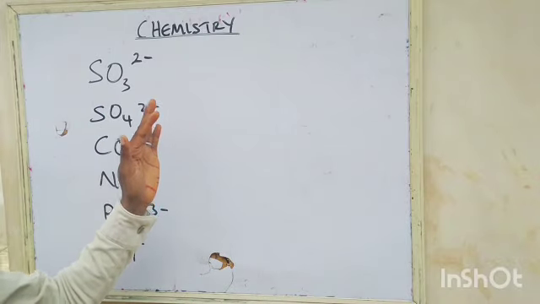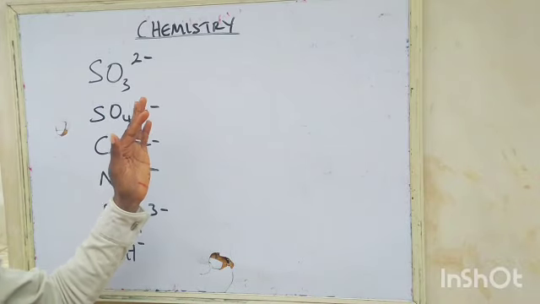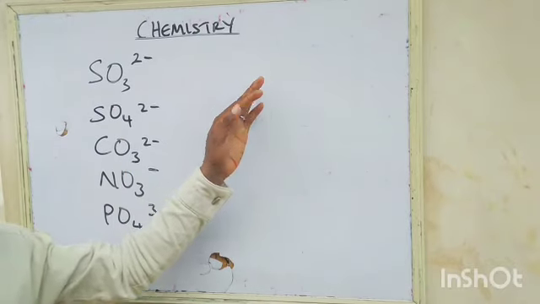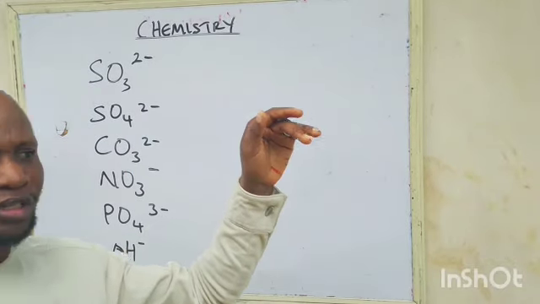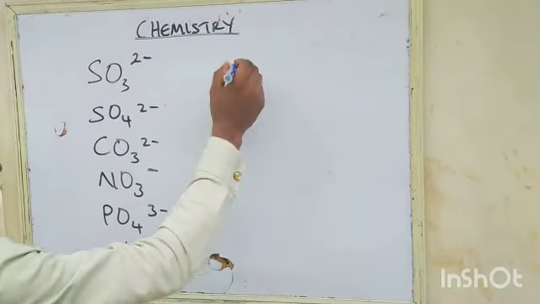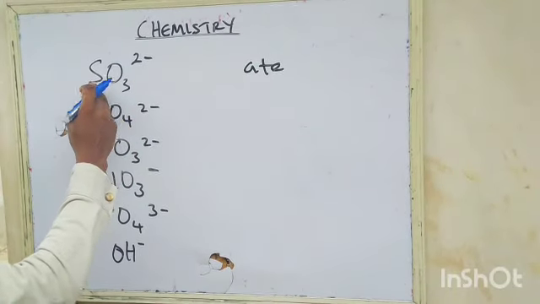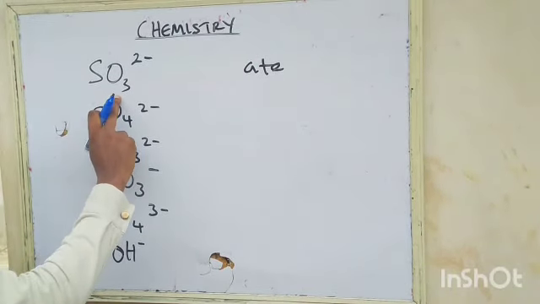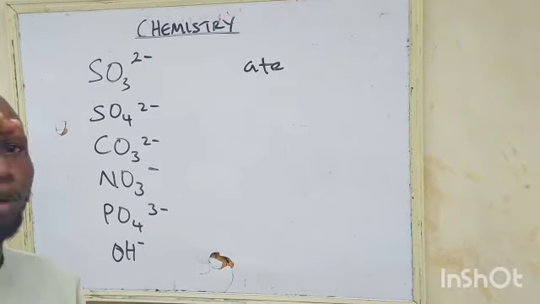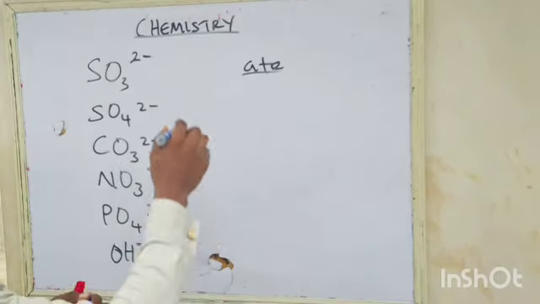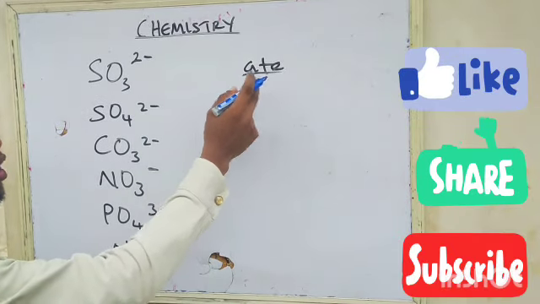When oxygen is reacting with a particular element, it gives sulfates, ATE. For example, sulfur reacting with 3 oxygen. Now from 3 oxygen and above, it ends with ATE. For instance, we have sulfur and oxygen.